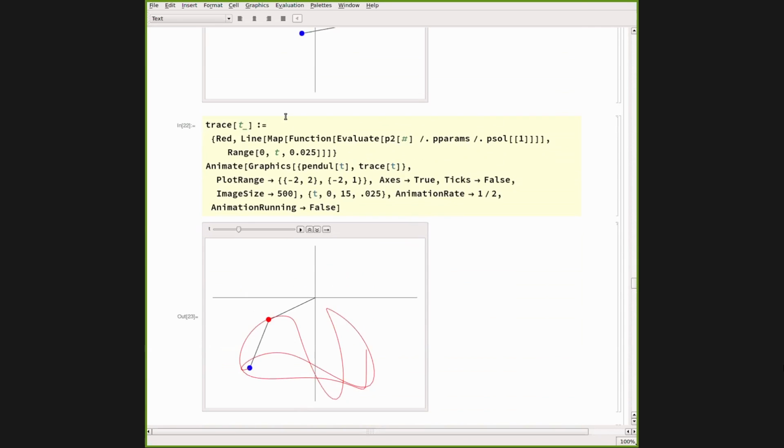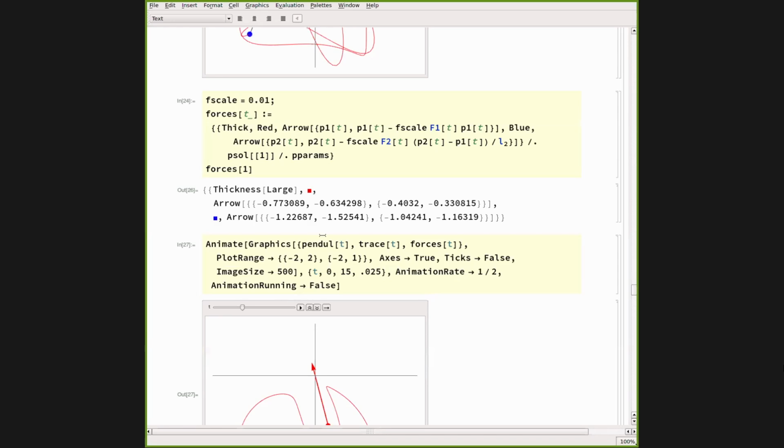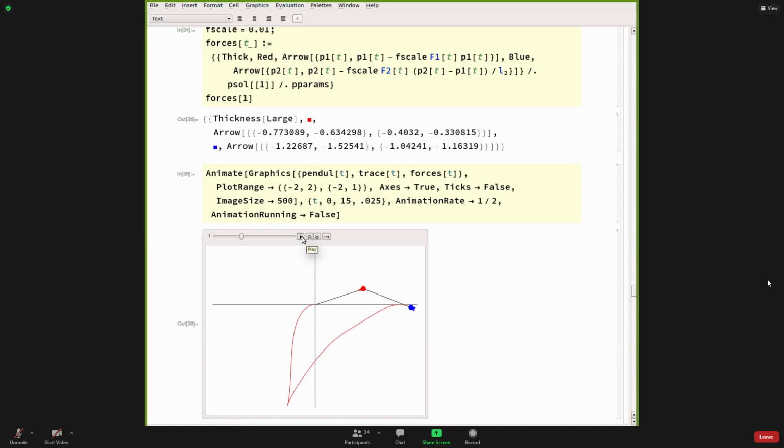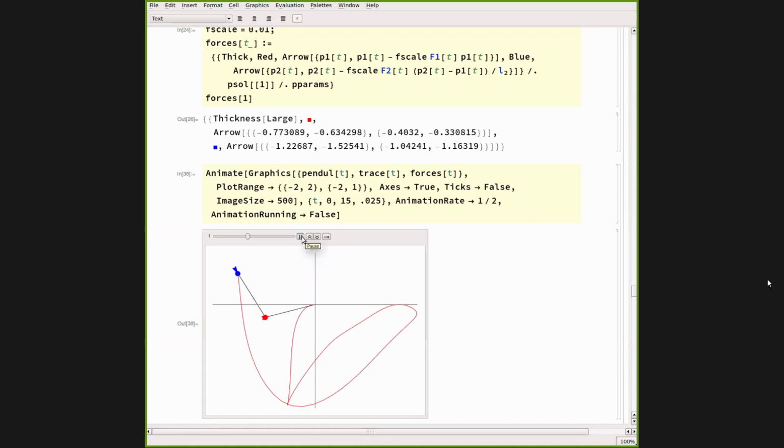So let's animate pendulum, trace and force. Okay, I have to change the plot range. Okay, sorry. This is not what I wanted. I wanted to have it totally horizontal up. Okay, of course, we can see what will happen here.